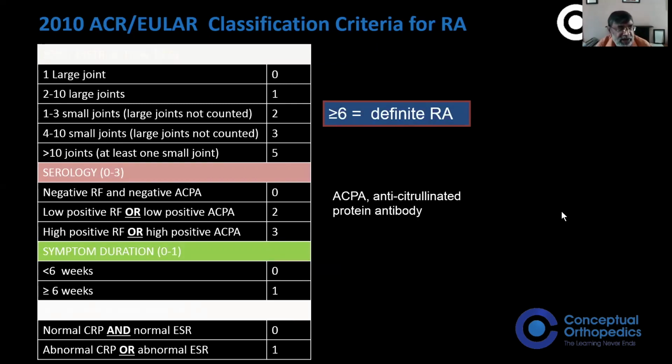Most important, if you can get anything from this slide, is that other than rheumatoid factor, we have added a few blood tests, which all of us should be aware of and should routinely do. One is anti-CCP, or anti-cyclic citrullinated protein, as it is called, or some people call it ACPA. Anti-CCP is actually more specific for rheumatoid arthritis.